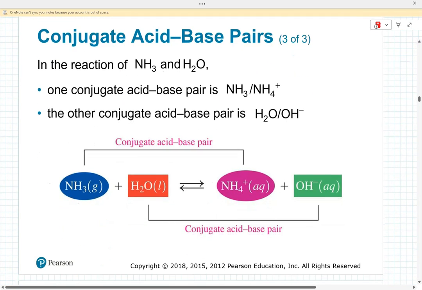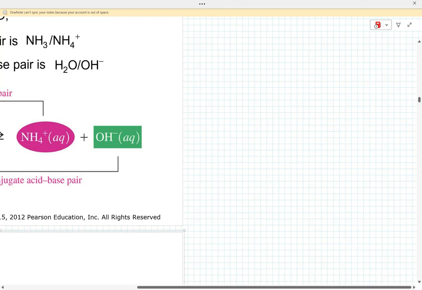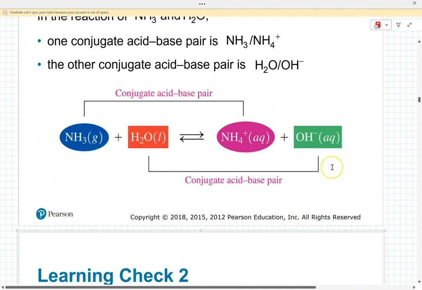So, this is another example. On the left, what serves as the base? What accepts protons? Ammonia, right?